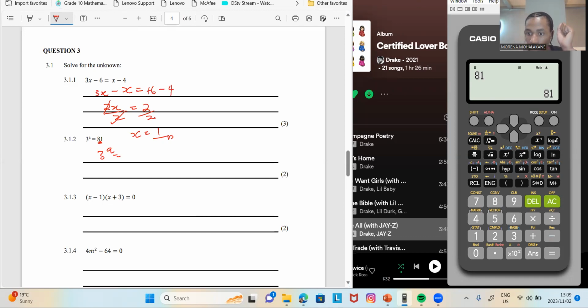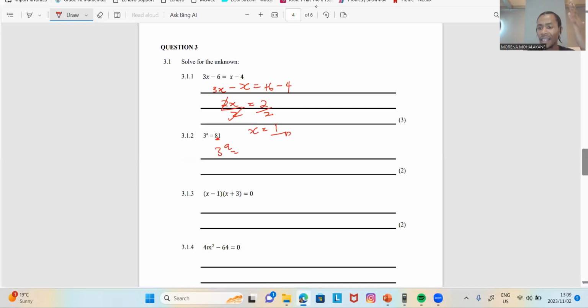There's a button that shows the factors. That's gonna give you the prime factors of 81. So it's going to be 3 exponent 4.